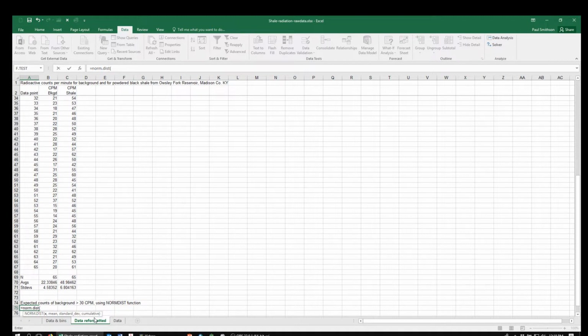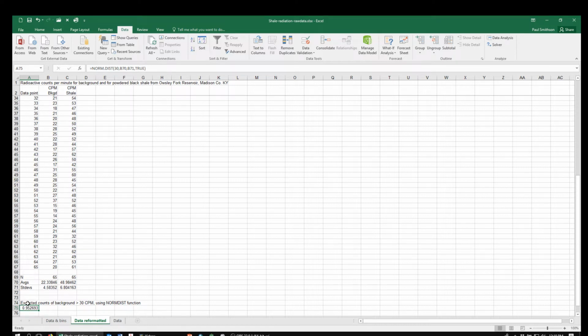What percentage of the background would be larger than the low end of the shale counts? So my test statistic is 30. My average is 22 point something, standard deviation 4.6, and I want the cumulative distribution, so I say true, and so that's 0.95 or 95% and a bit.